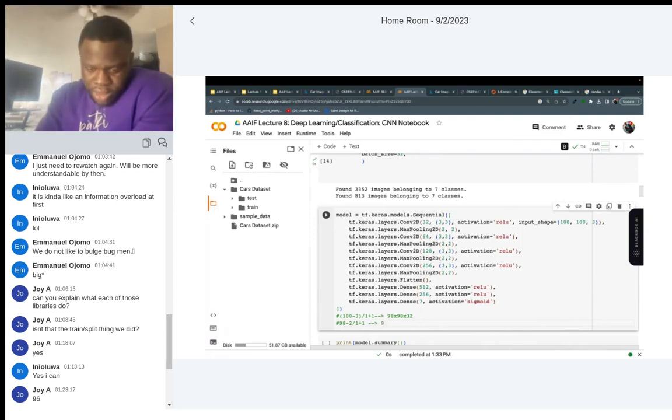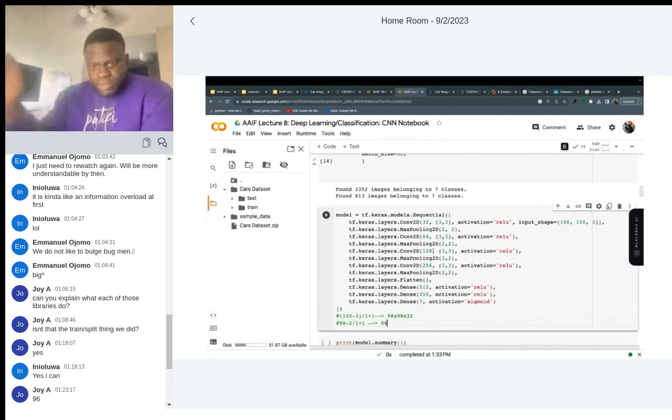No, I think I'm saying something wrong. 96. I think the stride here is 2, but we'll come back to it. So basically, this is how it works. I was just trying to tell you what the parameters are.